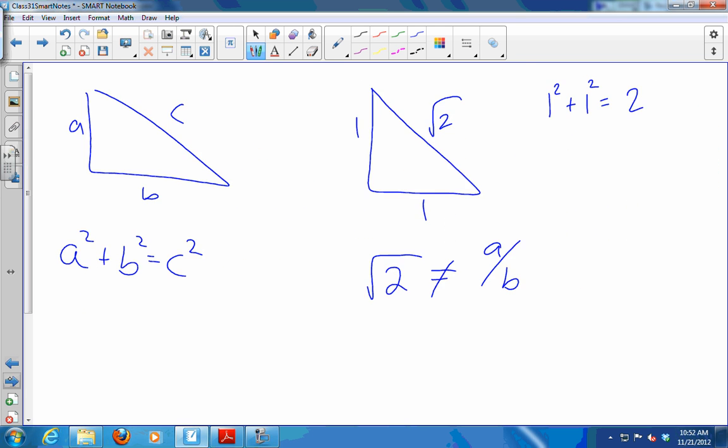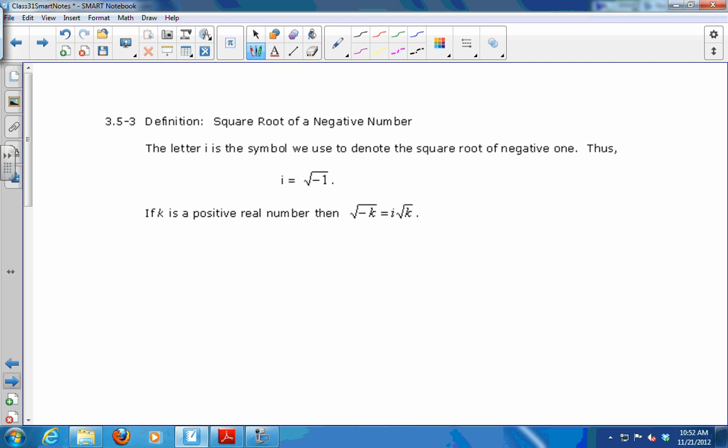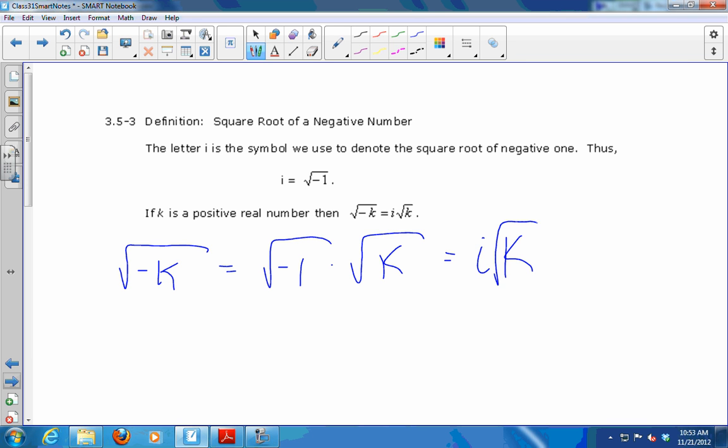Okay, so we have the square root of a negative number. We use the letter i to denote the square root of -1. So if k is a positive number and I want to take the square root of -k, that's like taking the square root of -1 times the square root of positive k, which is i times the square root of k.